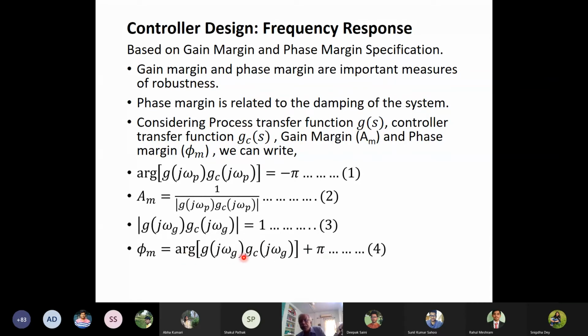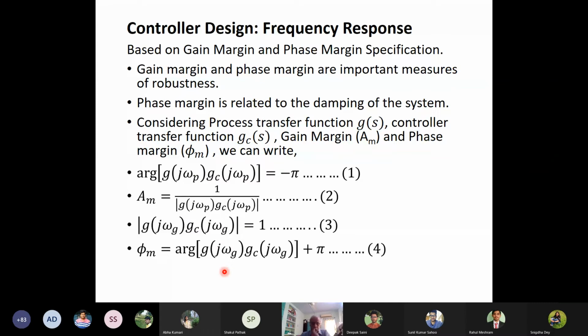So it is the difference between the minus 180 degrees and the angle of the G open loop at the gain crossover frequency. So these are the 4 equations: 2 equations for the definitions of gain margin and phase margin, and 2 equations are definitions for the phase crossover frequency and the gain crossover frequency.